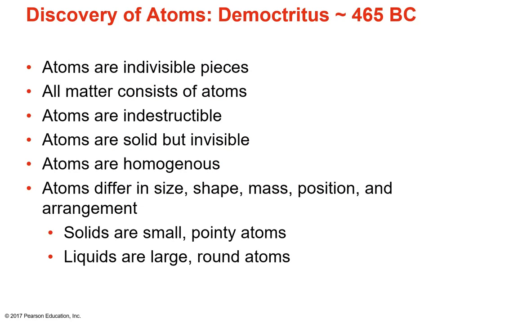Going through some history of the atom. So we're basically now starting to talk about atoms, the things that stuff is made up of. In 465 BC, that means 465 years before the birth of Christ, Democritus, from whom I believe we have democracy, decided that if you take something like a piece of paper and you tear it in half, you have two smaller pieces. Then if you take one of those, you tear it in half, you'd have two even smaller pieces.